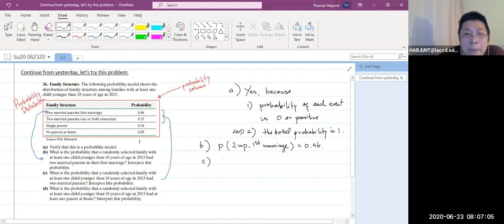So 2 married parents refers to 2 married parents from first marriage plus 2 married parents, one or both remarried. So that's 0.61.